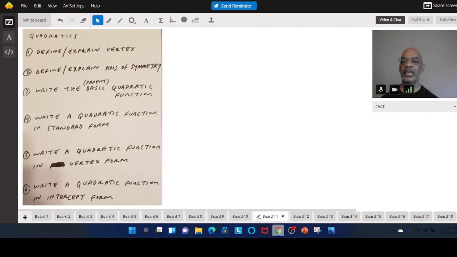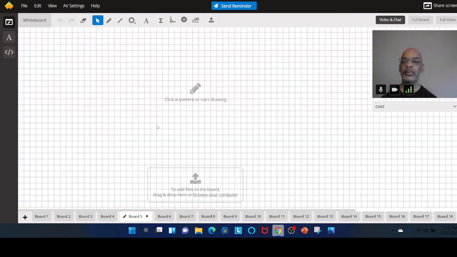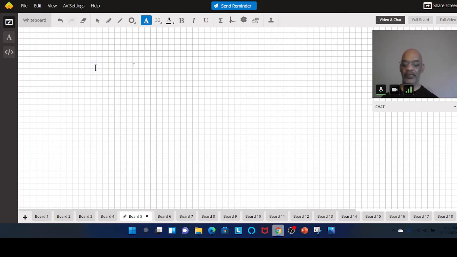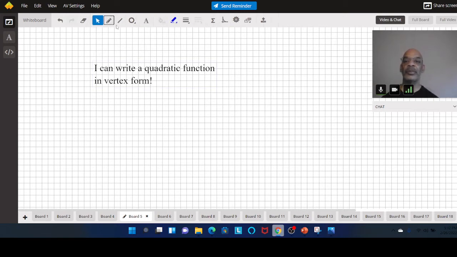Next, number 5, write a quadratic function in vertex form. I can write a quadratic function in vertex form. Okay, a quadratic function in vertex form.